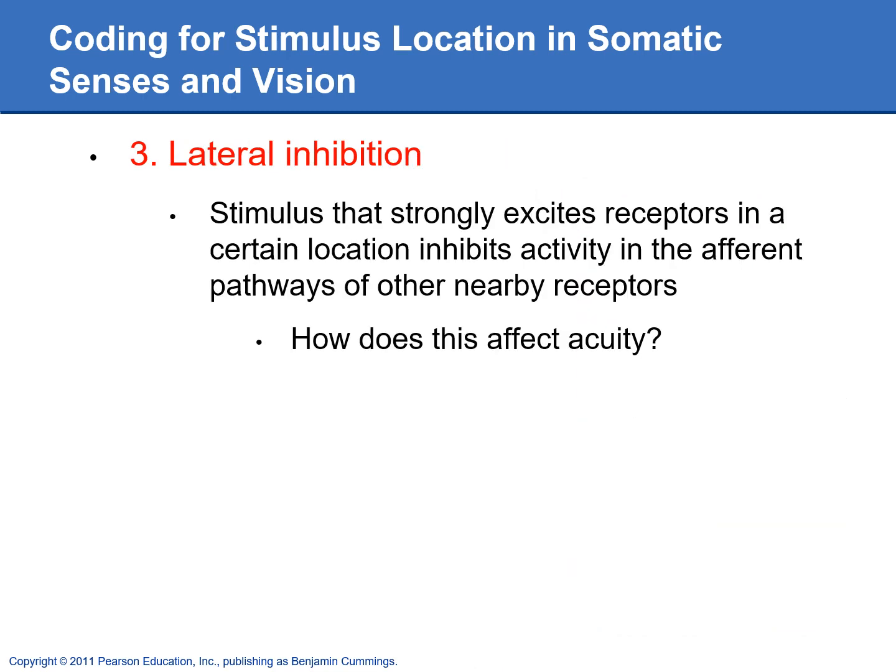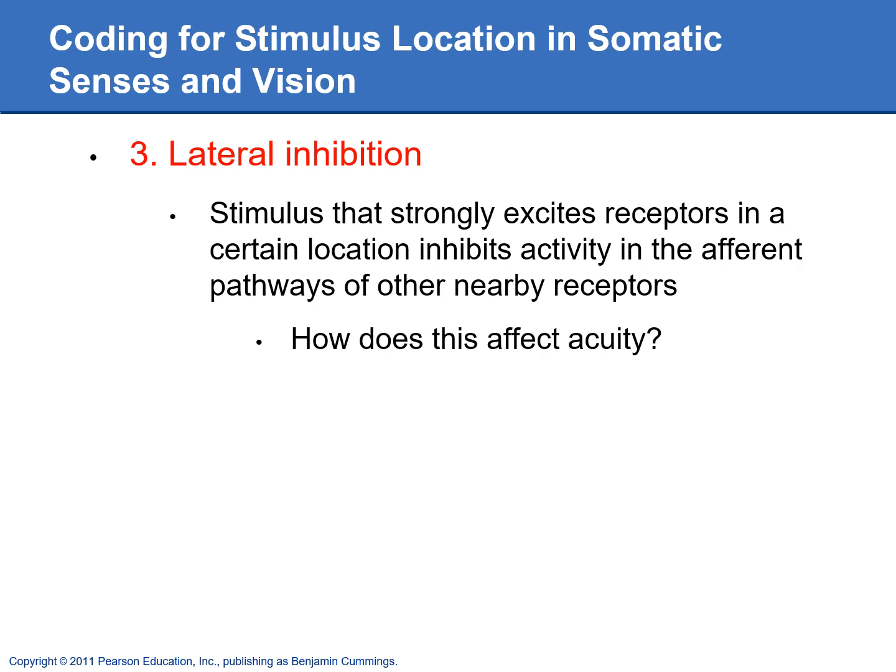And then the third way to localize where you're being touched, or this also occurs in vision, would be with what's called lateral inhibition. So this is really interesting, where the middle neuron is going to inhibit the 2 neurons on the lateral sides.